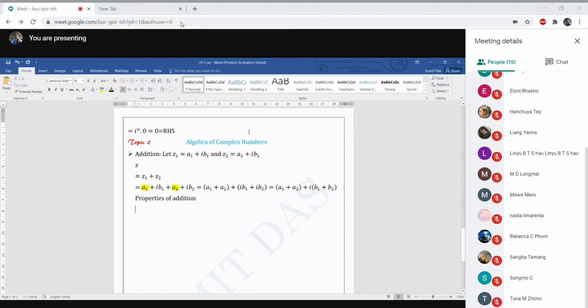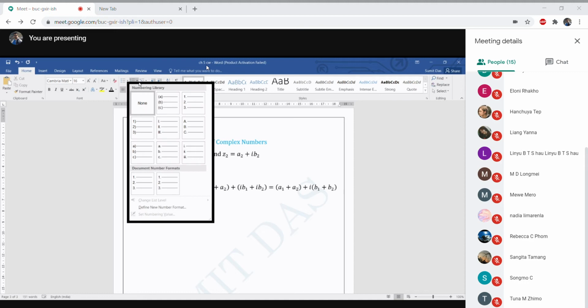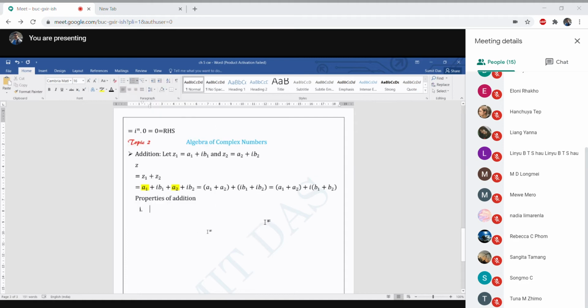Property number one, you can say, first property known as closure property, closure law.